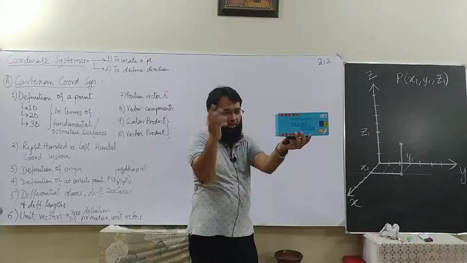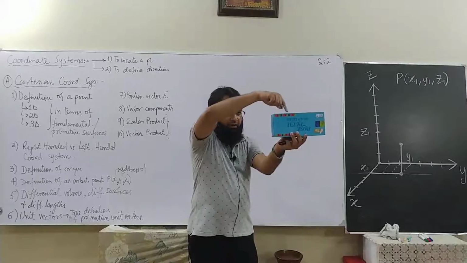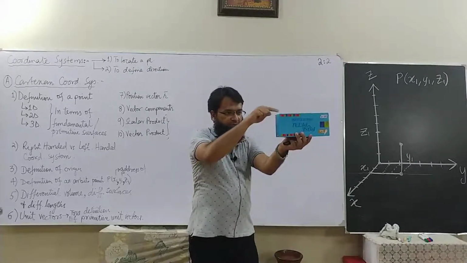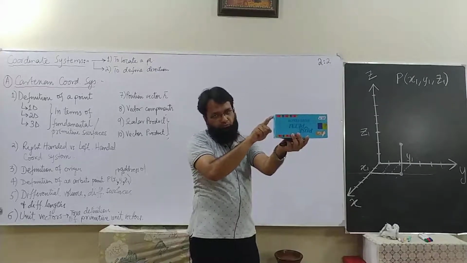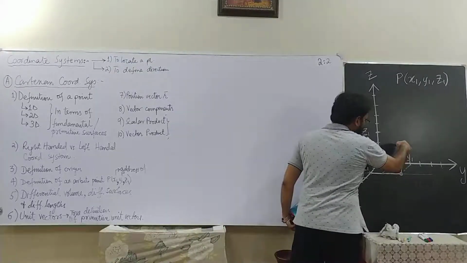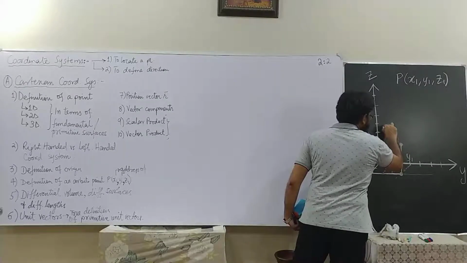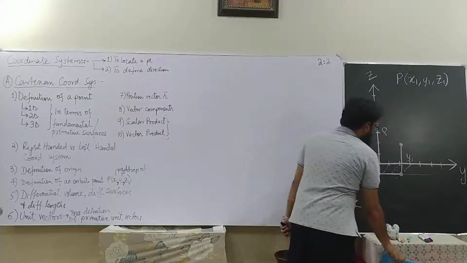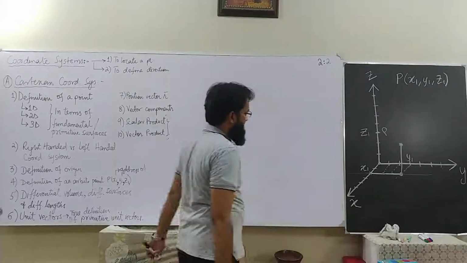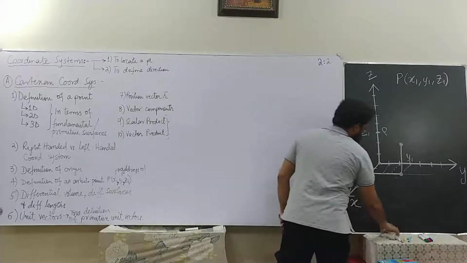So we have got three planes: x equals x1, y equals y1, z equals z1, and at the intersection of these three planes we have got this point. So there are three planes associated with this final point P, which you should always remember, but we never draw those planes because then the diagram would be very messy.